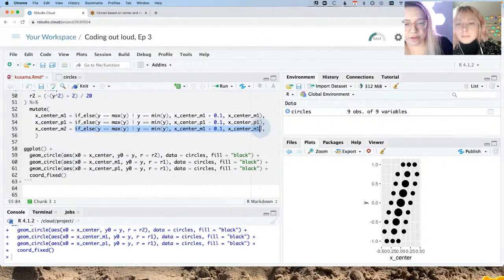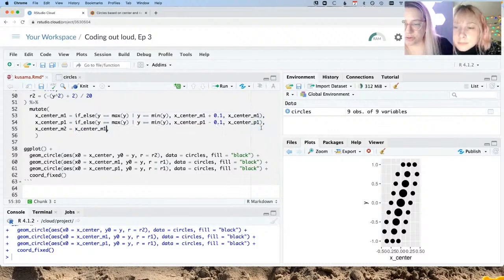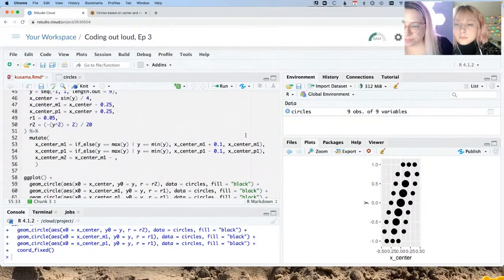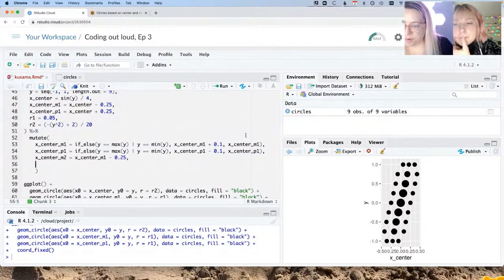Oh no, we need to move the x values a little bit anyway, don't we? First of all. Yeah, we do. So 0.25. We'll move it 0.25 more.